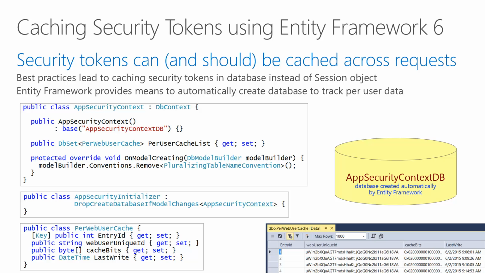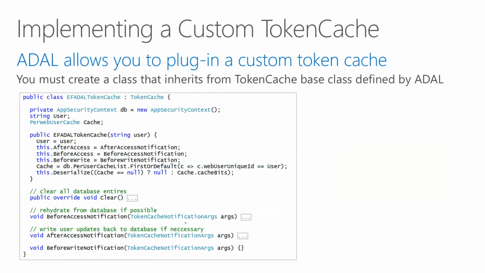Now, when you want to create an Entity Framework database, which is automatically created, you basically add a DbSet for each particular table. So here we've created a special class, PerWebUserCache, and then we create a DbSet on that. So when our application starts up, it's automatically going to create this right here. I could extend the PerWebUserCache with more fields if I wanted to, but we're not going to do that in this simple demo.